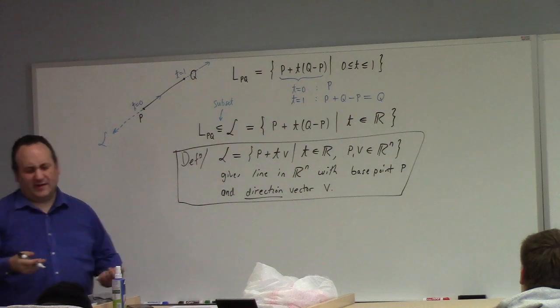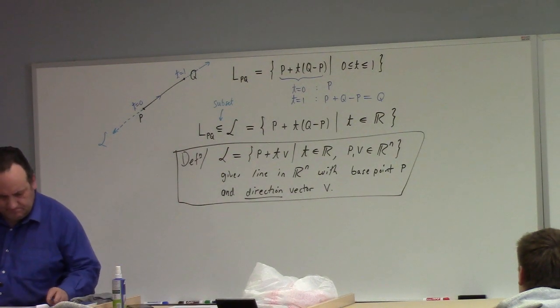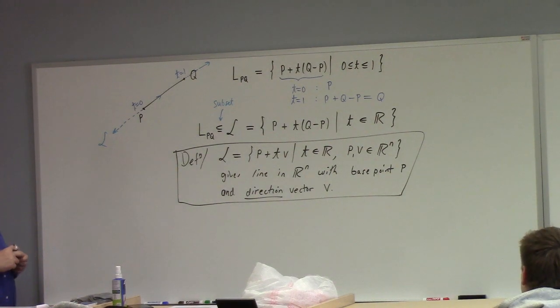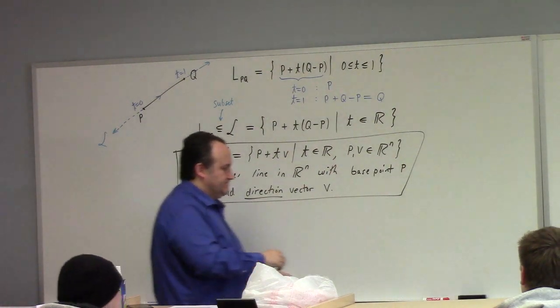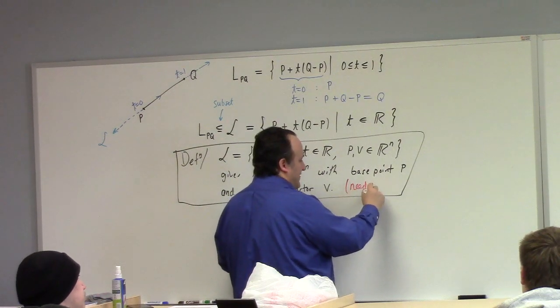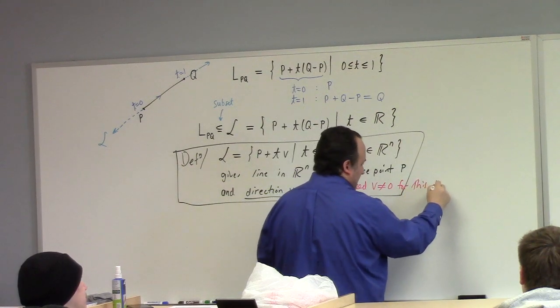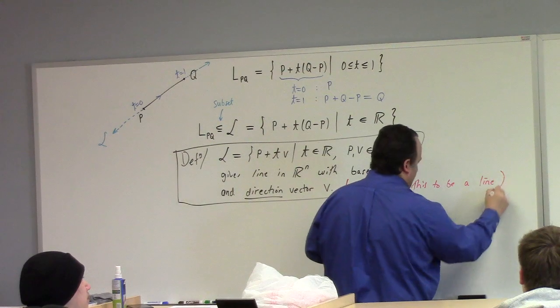Now, if I'm being careful, what do I have to assume about the direction vector? So I need V is not equal to 0 for this to be a line.